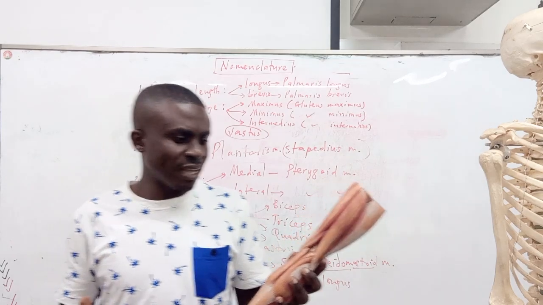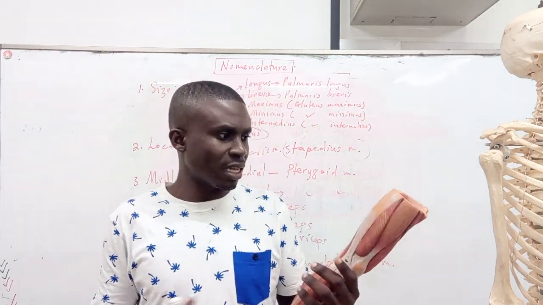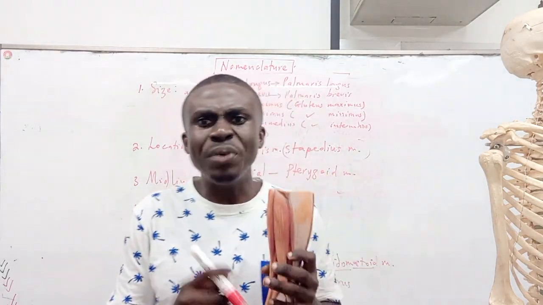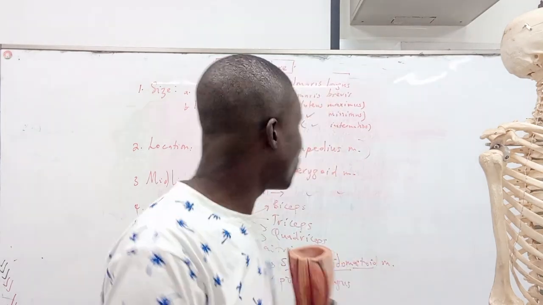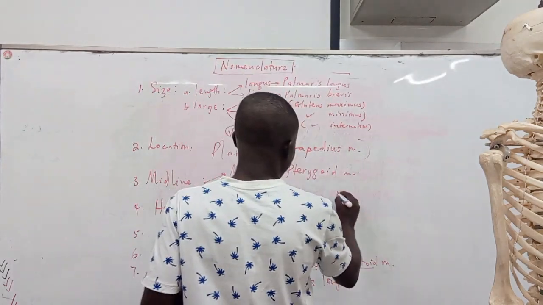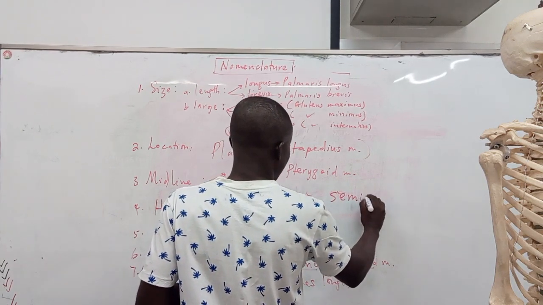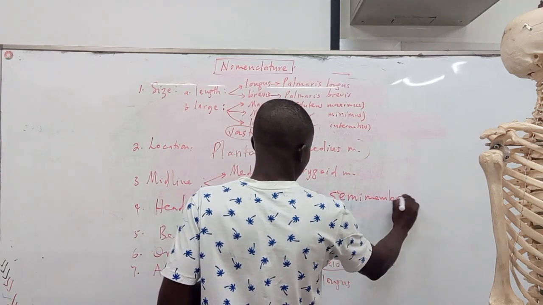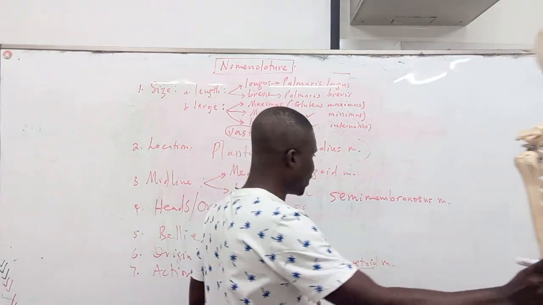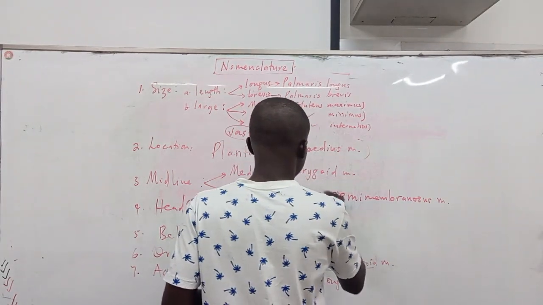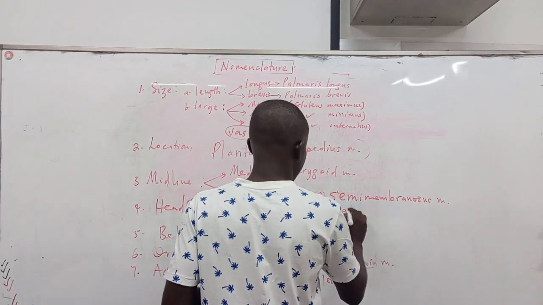There is also a way that we nomenclate some muscles based on the structure, what is the constituent. There's this muscle we call semimembranosus, and then we also have semitendinosus.